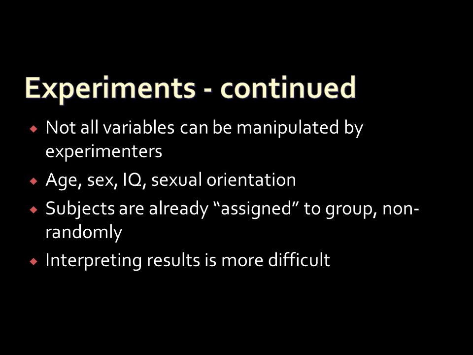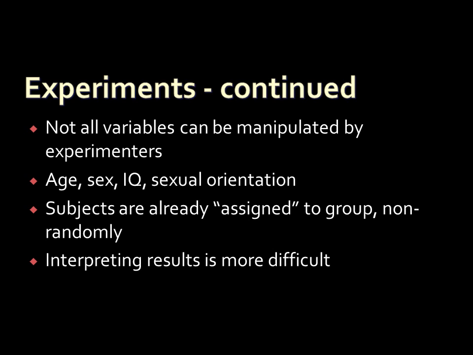So in this case, you can't randomly assign people to sex. You can't randomly assign people to be smarter or less smart. You can't randomly assign people to be gay or straight. Because of this, these types of variables are very difficult to study.